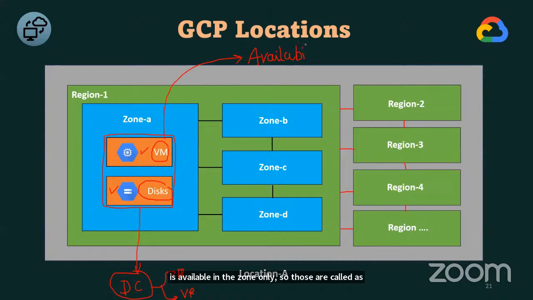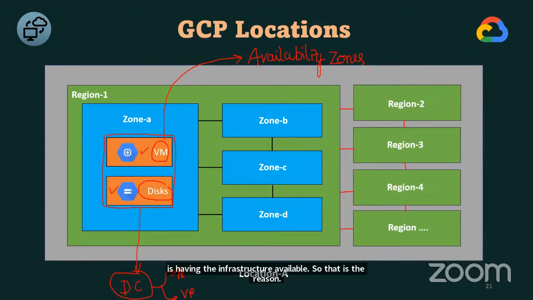Those zones are called availability zones because they have the resources available. They have the infrastructure available. So those zones which have the resources available, we call availability zones.